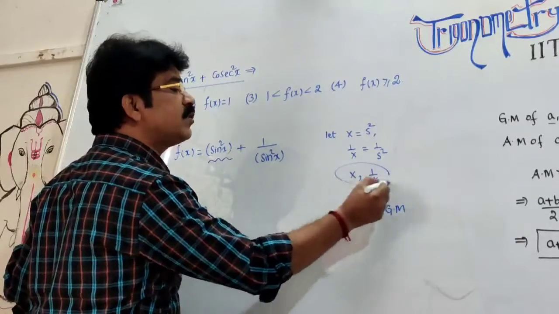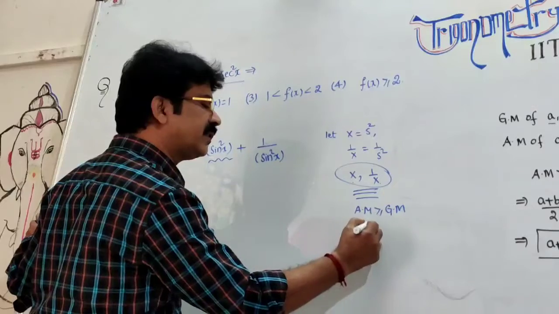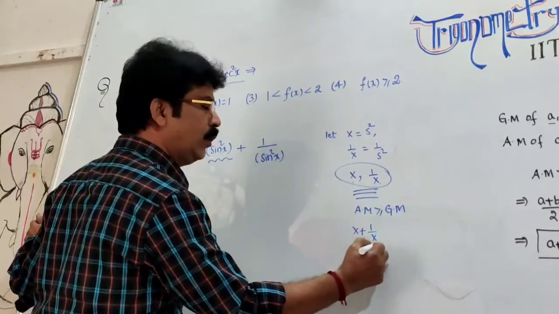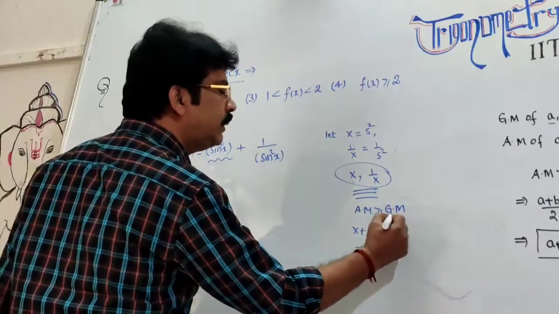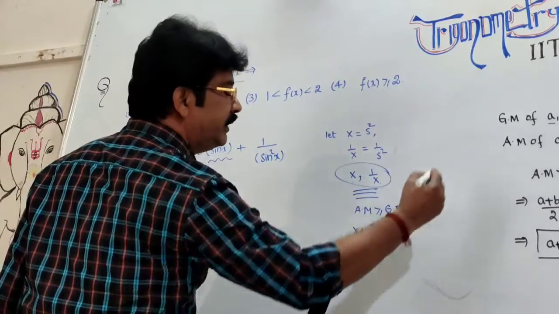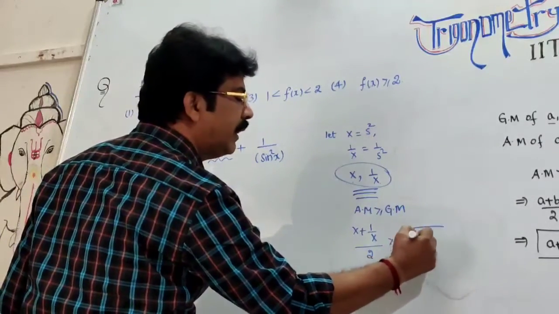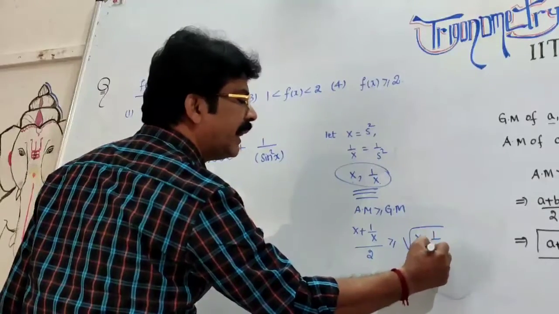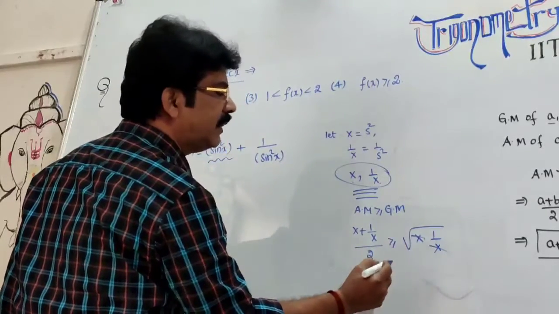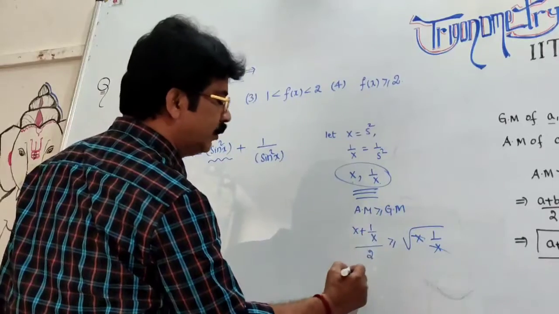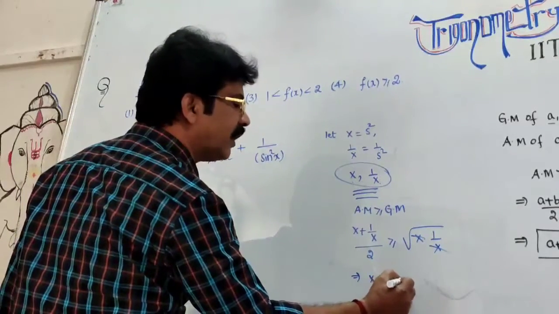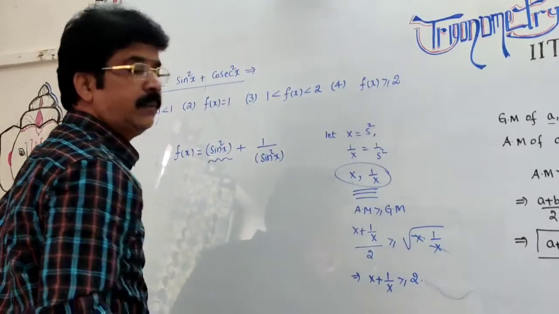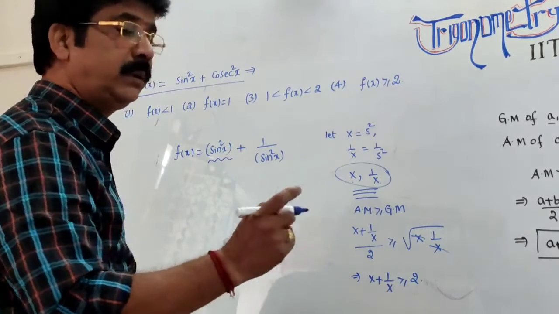The arithmetic mean of these two numbers is X plus 1 by X whole by 2. It is always greater than or equal to GM for 2, means root of X into 1 by X. Okay, X cancel, root of 1, so by cross multiplication X plus 1 by X is always greater than or equal to 2 because root 1 is equal to 1.